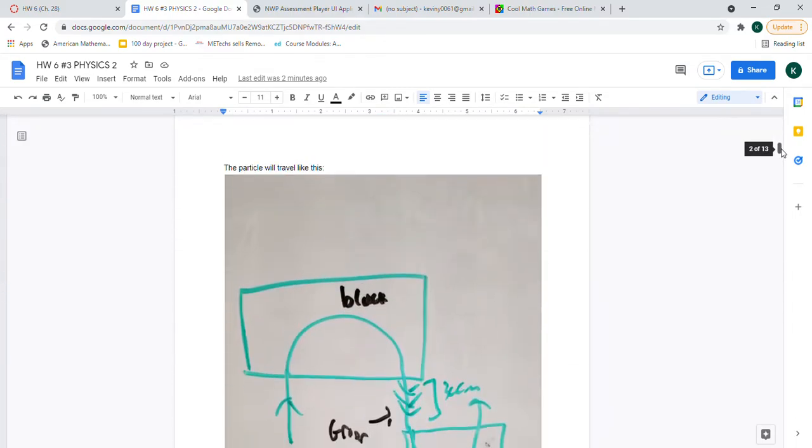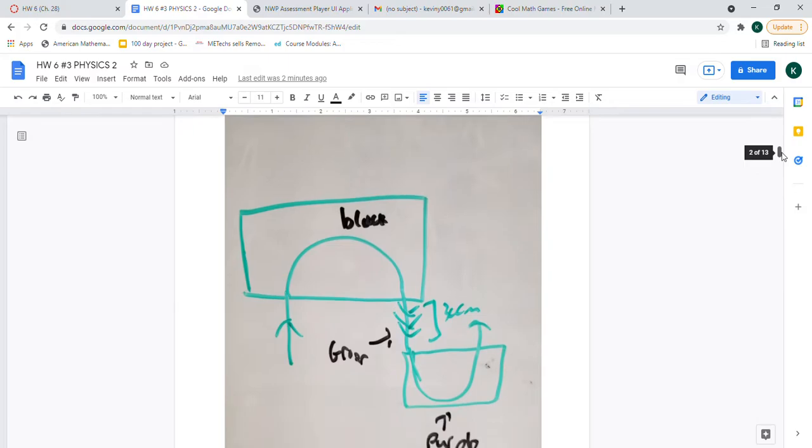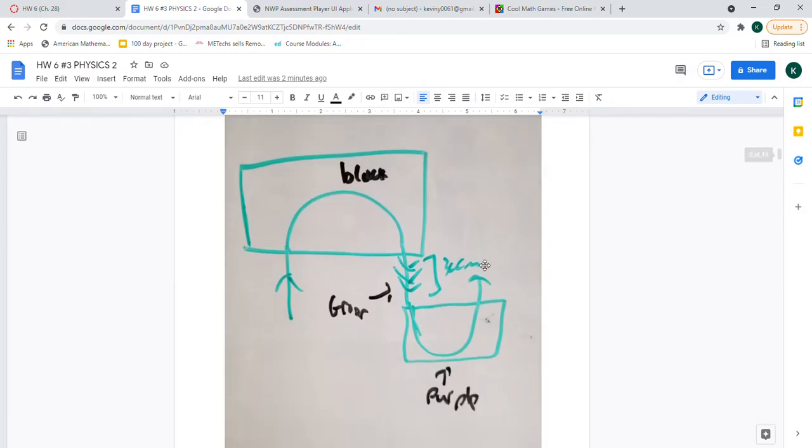Alright, so first we need to understand how the particle will travel. This is just a rough sketch I have. You can ignore the black, green, purple. That's just my labeling because I did my work on a whiteboard in different colors. So there is a magnetic field in each of the boxes. And you should know, because this is a general concept, that it will travel in a circle in here.